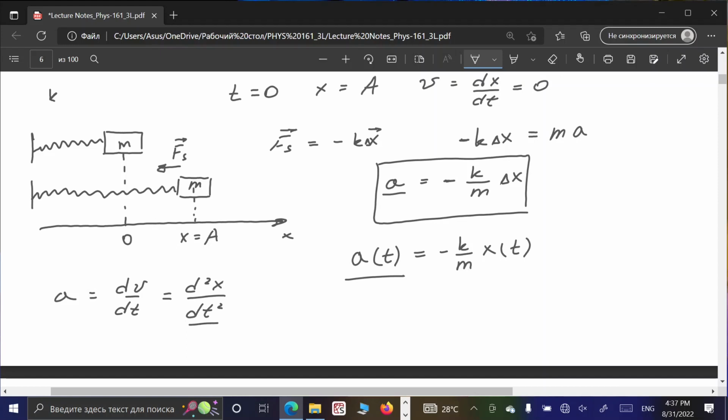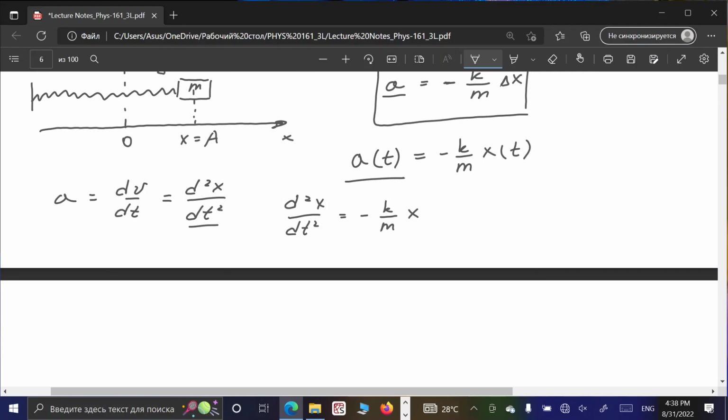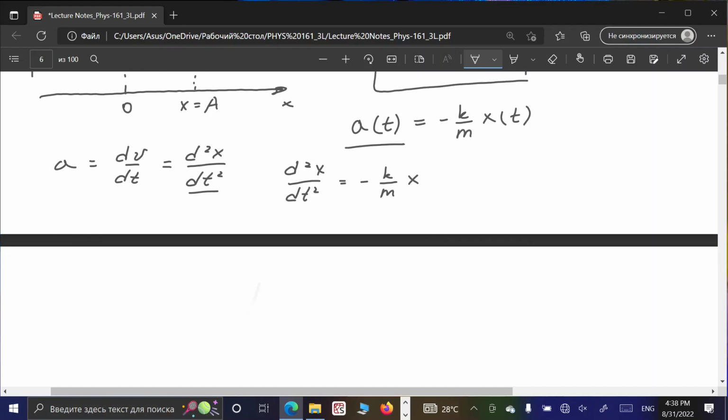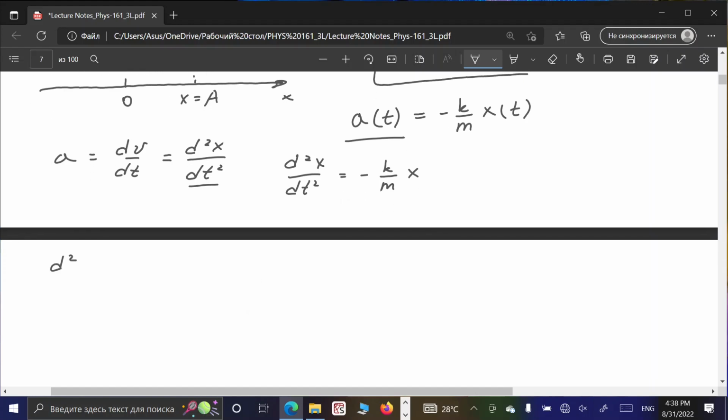We can write here d squared x over dt squared is equal to minus k over m times x. I don't put time dependence here, it's already clear that x is a time-dependent function. Let us rearrange it, so we get d squared x over dt squared plus k over m times x is equal to 0.